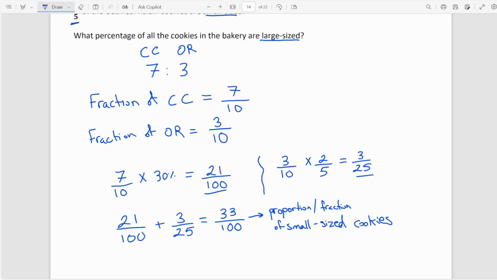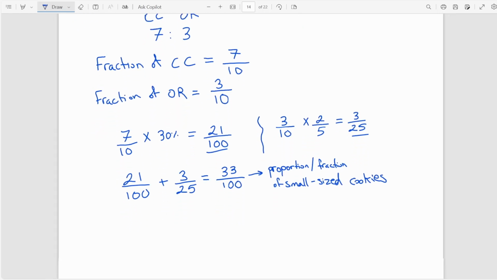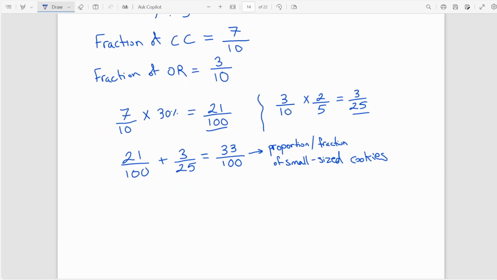All right, now, we are being asked what is the percentage of all the cookies that are large-sized, okay? So here's the thing. So if we know that 33 over 100 are basically the small-sized cookies, okay? So how can I find the large-sized? The math behind this is to simply know that we have basically 100 parts and 33. So we can just subtract 1 minus 33 over 100, okay?